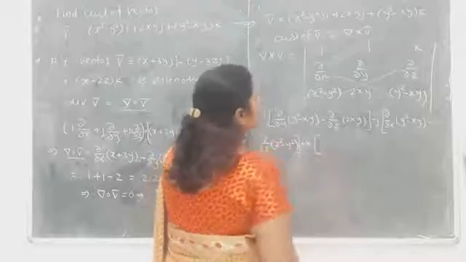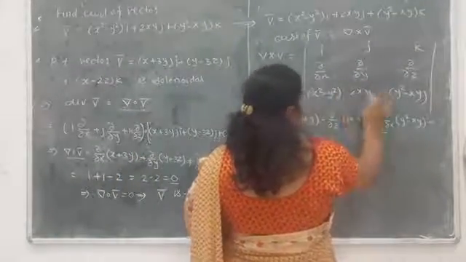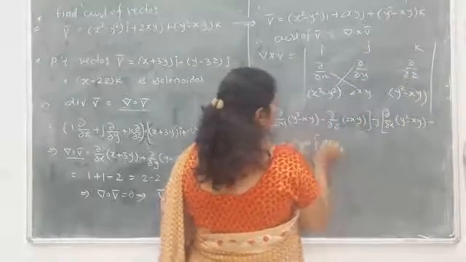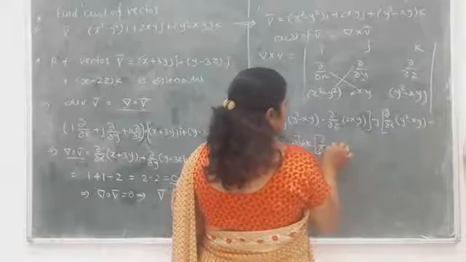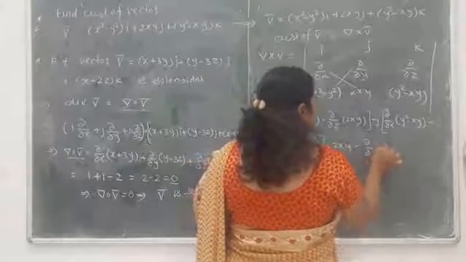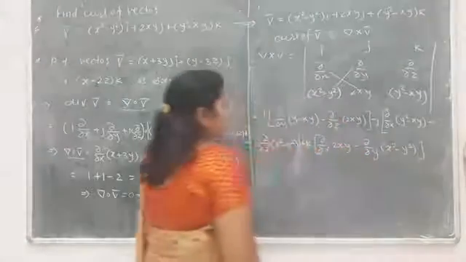Then plus k times [∂/∂x of 2xy minus ∂/∂y of (x² - y²)].